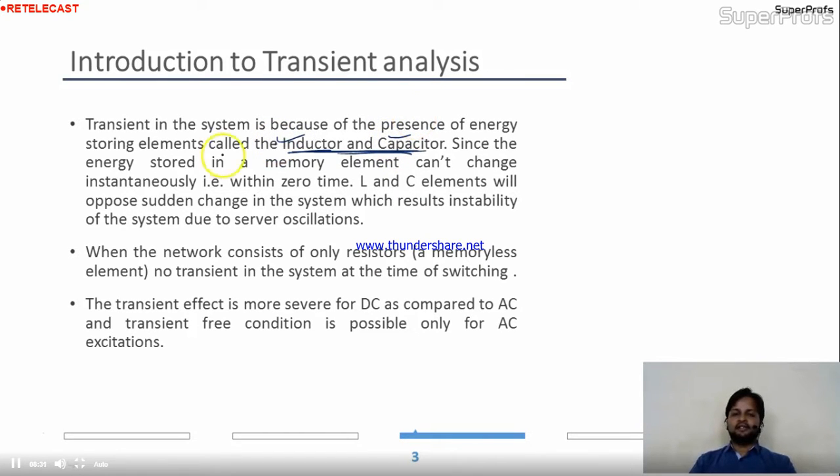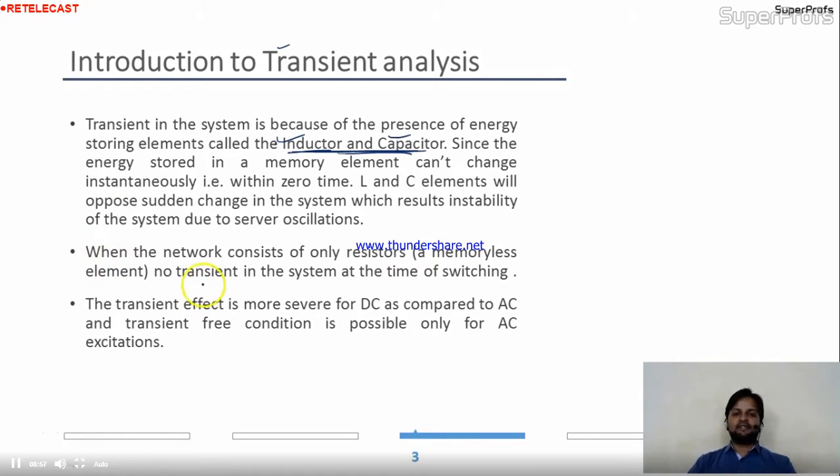The transient analysis we are getting in the system is because of the inductors and capacitors. Since the energy stored in a memory element can't change instantaneously, that is within zero time, inductor and capacitor elements will oppose sudden change in the system. We'll discuss later.